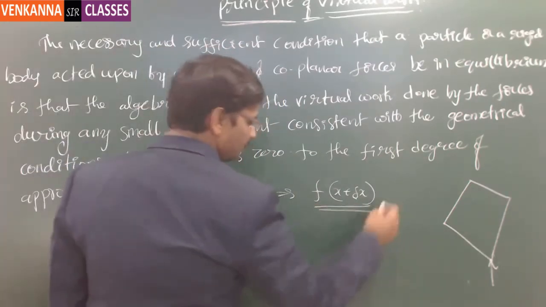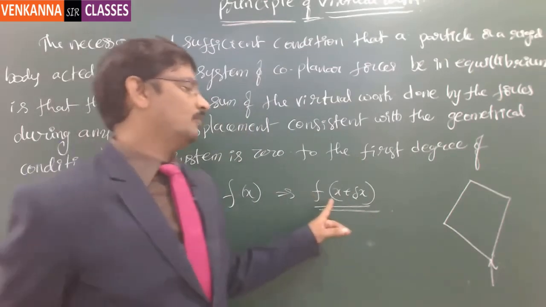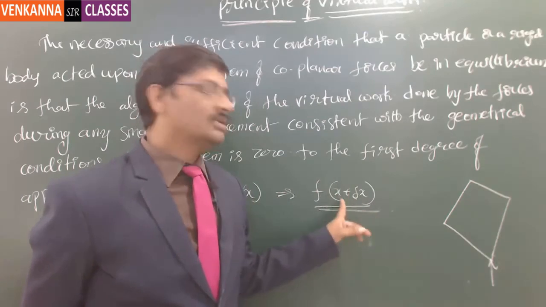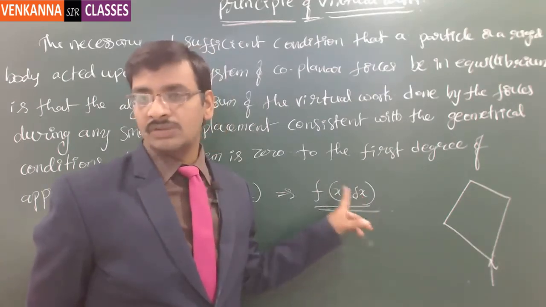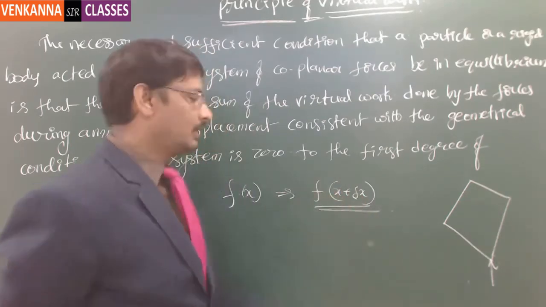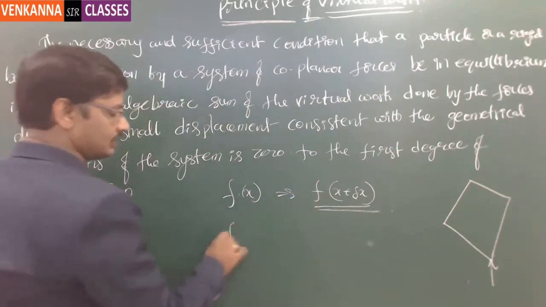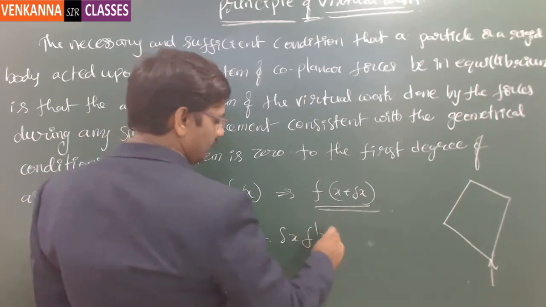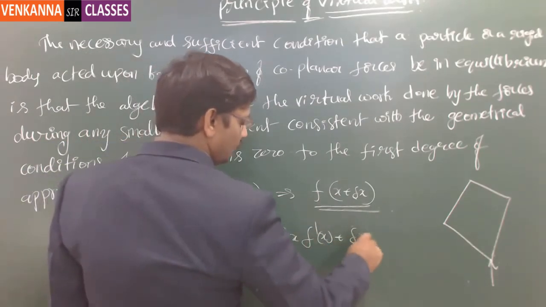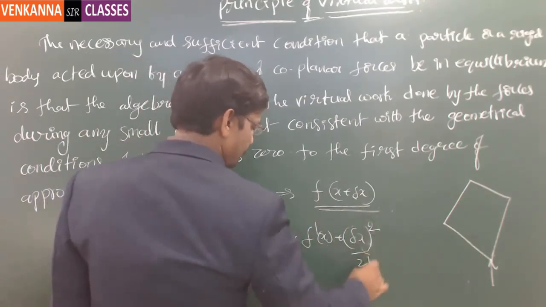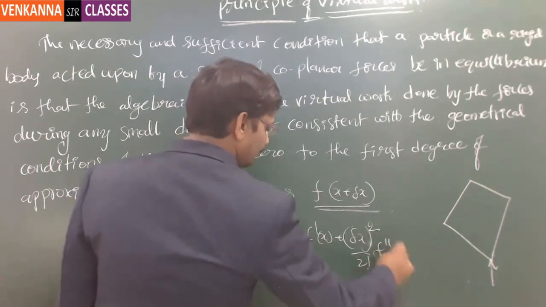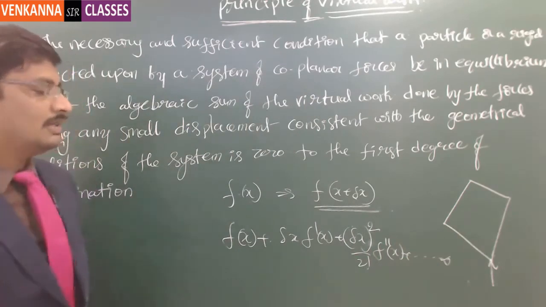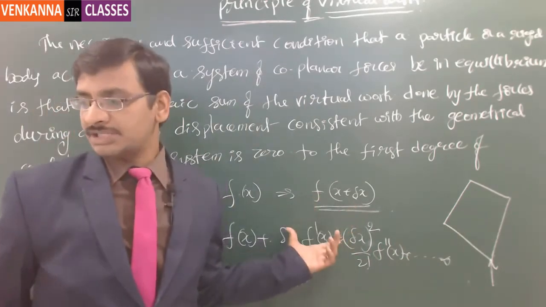If the displacement is a function of x plus delta x, where x is the displacement which changed to x plus delta x, then on this particular function, based on the Taylor's expansion, this is going to be f of x plus delta x into f dash of x plus delta x whole square by 2 factorial into f double dash of x plus up to infinity. Like this we can expand with the help of the Taylor's expansion.